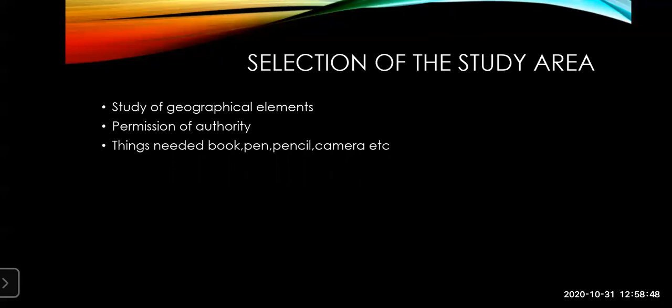Then pen, pencil, scale, if you want to measure something, then scale, tape, compass, a bag for collecting samples. If you're visiting the seaside and all, you can collect samples from there. Even on the landforms, you can collect stones over there and see the textures of the stones, what type of stones they are, metamorphic, what types of stones you must have studied in the previous lessons.